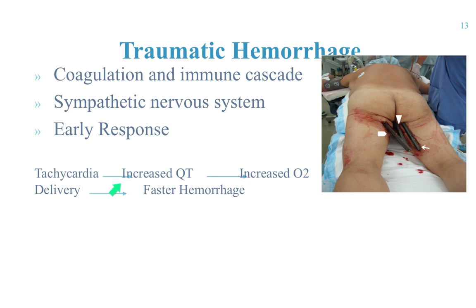So tachycardia is going to increase cardiac output. And remember, cardiac output is stroke volume times heart rate. So our body is compensating with the heart rate because our stroke volume is going to start decreasing with that fluid loss.